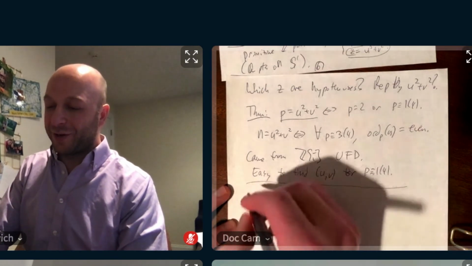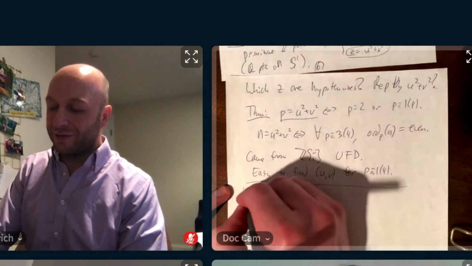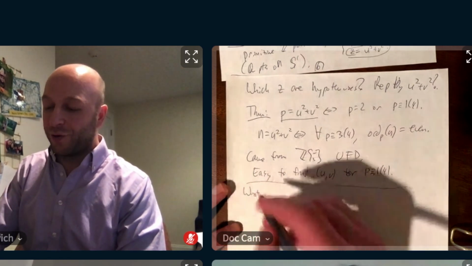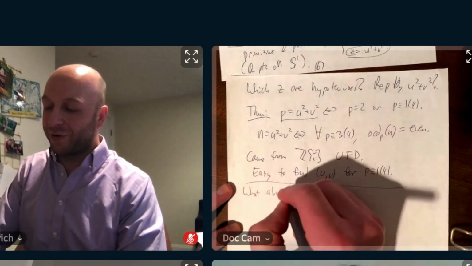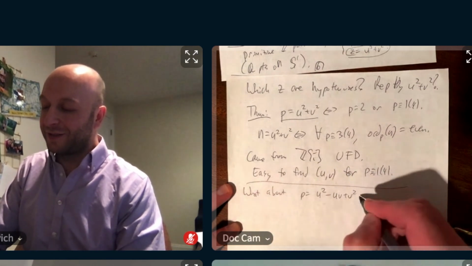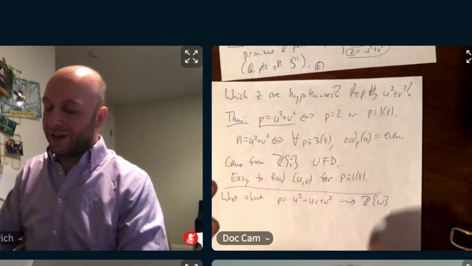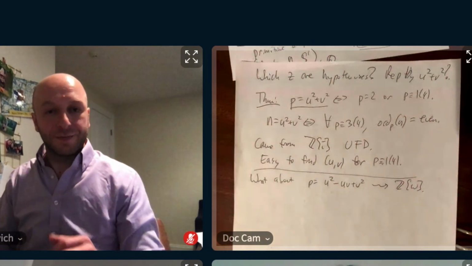The second midterm was, okay, instead of that, can we say something about other norm forms? What about primes equal to u squared minus uv plus v squared, which is the norm form in the Eisenstein integers? And that took us into a discussion of ideals.